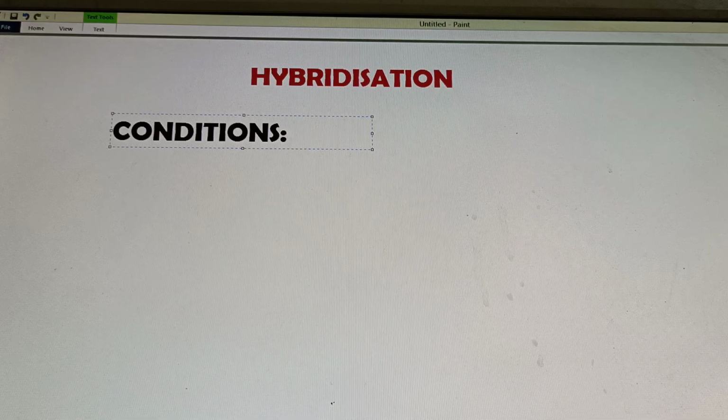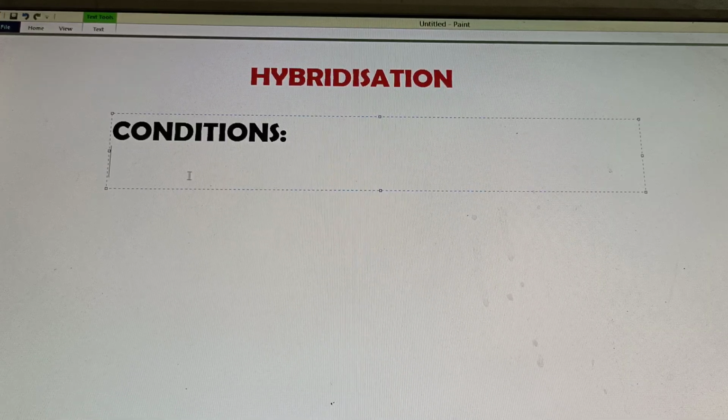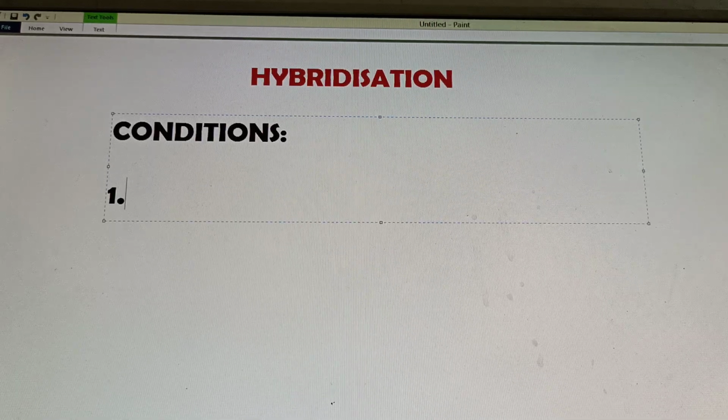So the first condition is that only the orbitals which are present in the valence shell participate in hybridization.